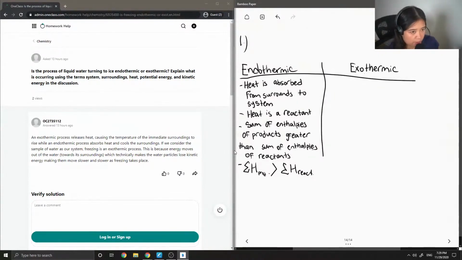Okay, so now let's look at exothermic reactions. So here, heat is given out to the surroundings from the system.